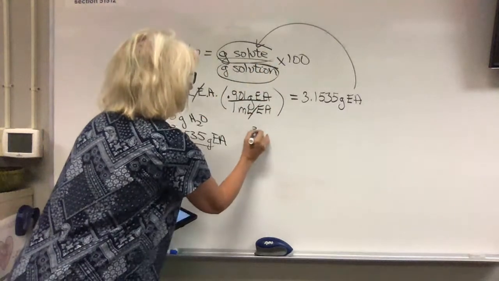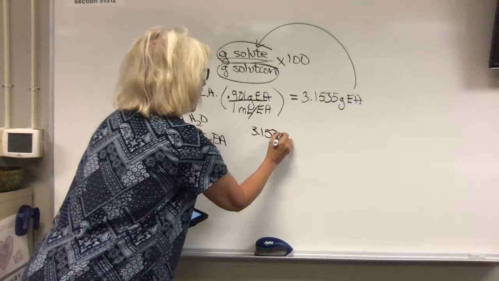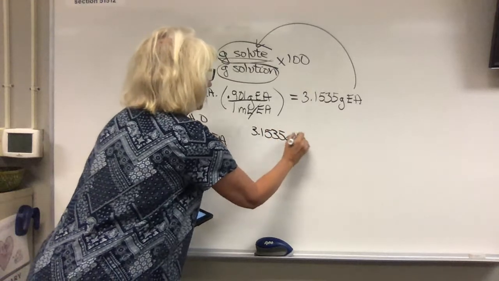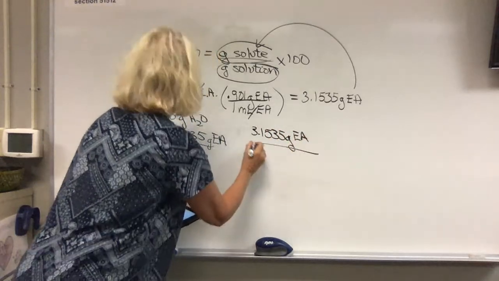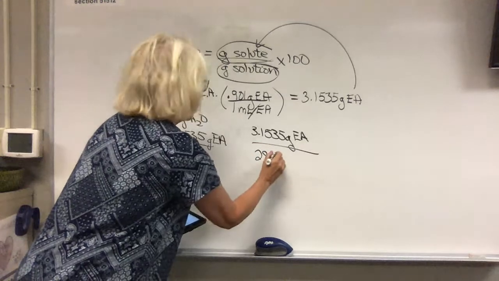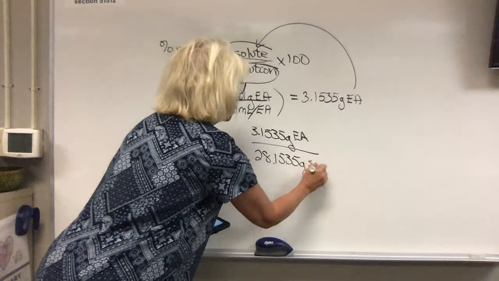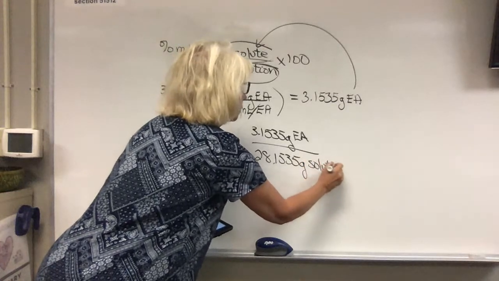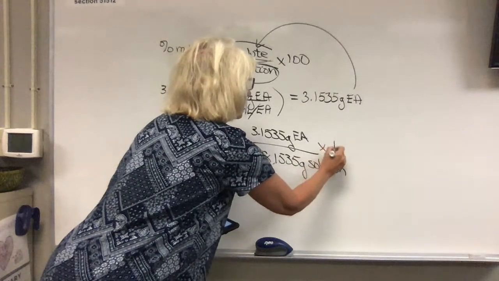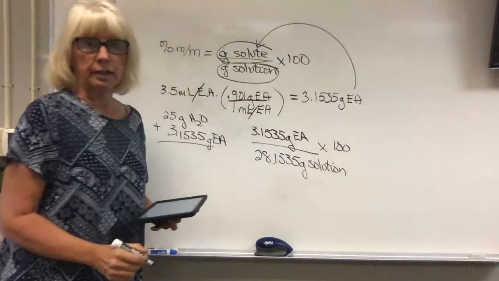So we have 3.1535 grams of solute over 28.1535 grams of solution. Make sure you write all your units in, times 100.